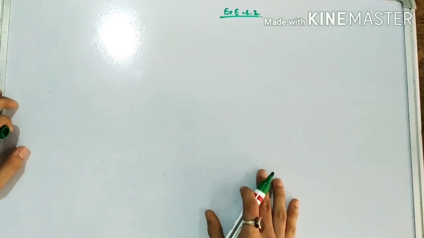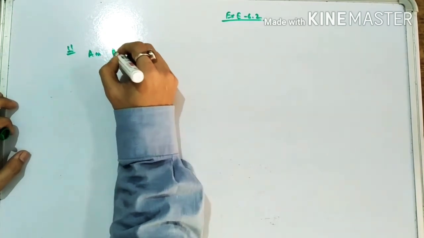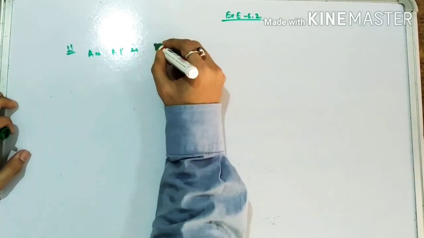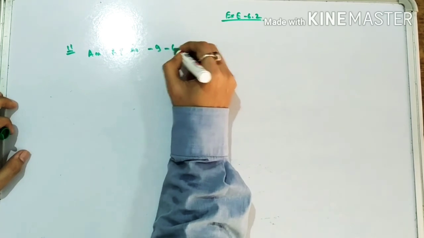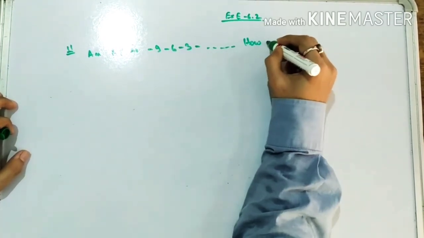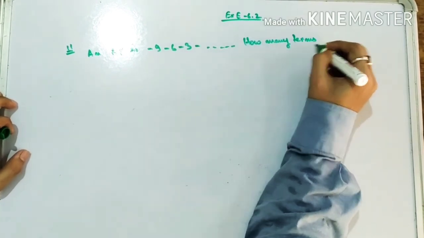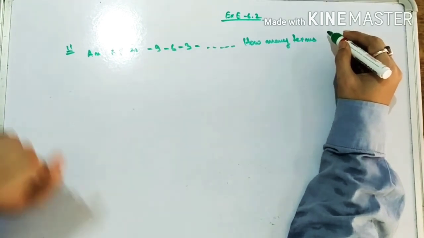So now in here you see question number 11, an AP is minus 9, minus 6, minus 3, dot dot dot. How many terms, means small letter n value I have to find.